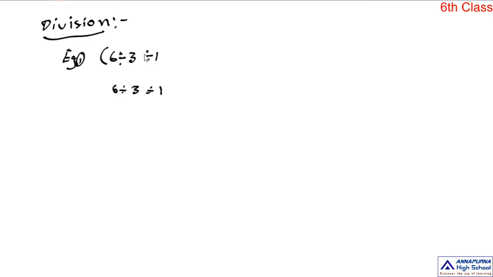First we divide 6 by 3, that is equal to 2, since 3 2s are 6. 2 is the answer. Next, when we divide 2 by 1, that is equal to 2.